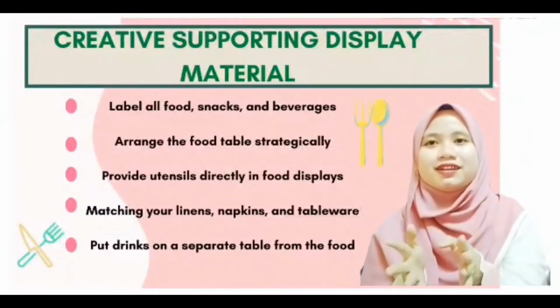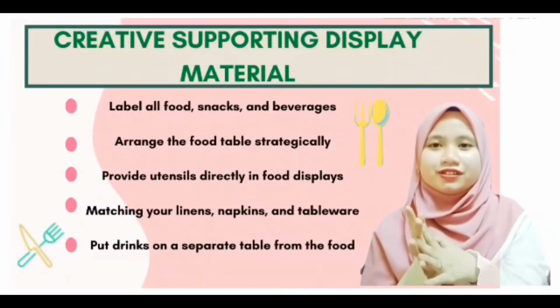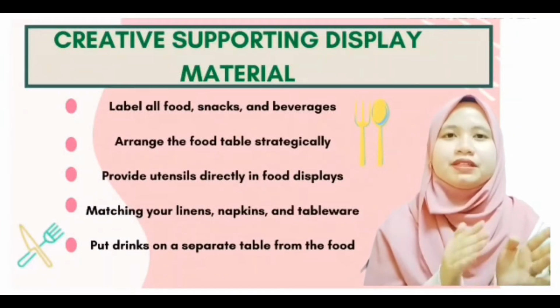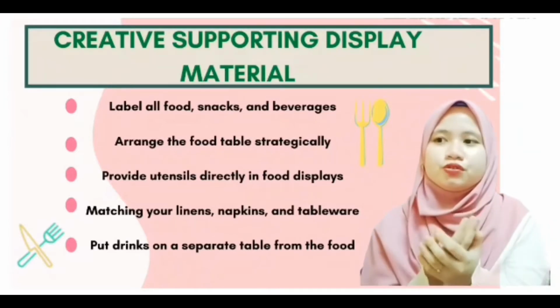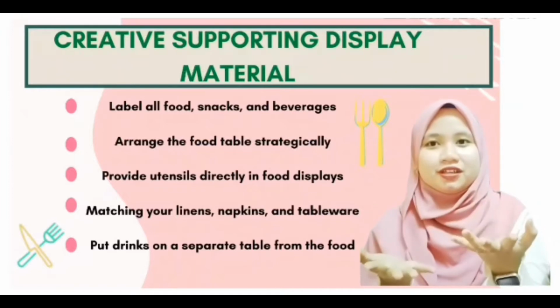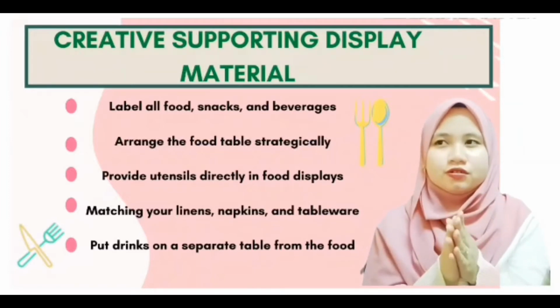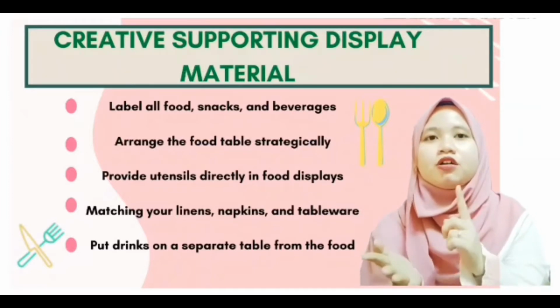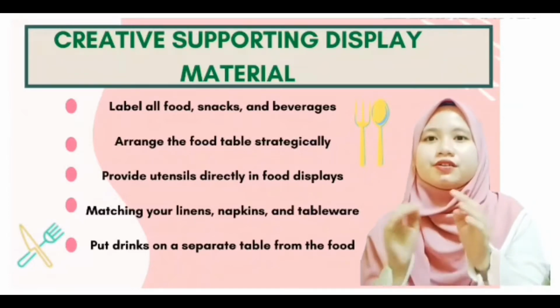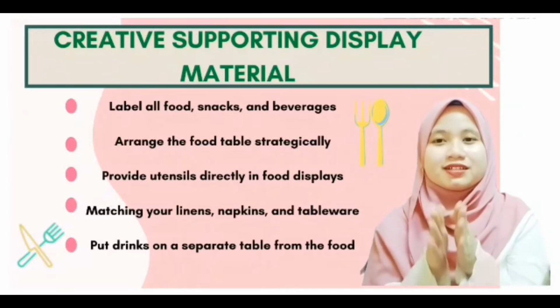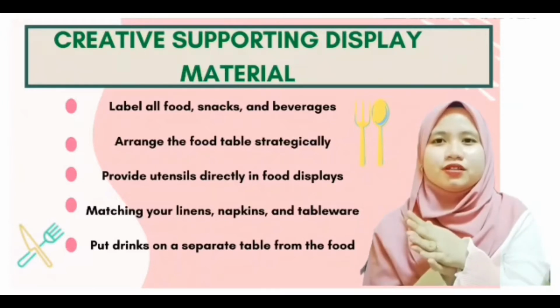The last part of this visual appeal is creative supporting display material. To make our customers enjoy and like our food, we should be creative and innovative. So here we have: label all food, snacks and beverages. The second one, arrange the food table strategically. The third one, provide utensils directly at the food display.